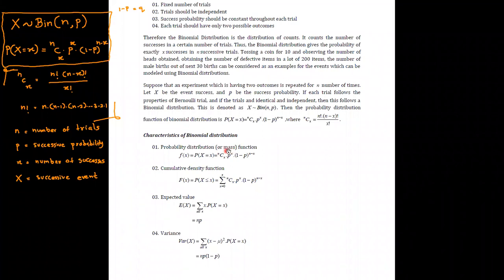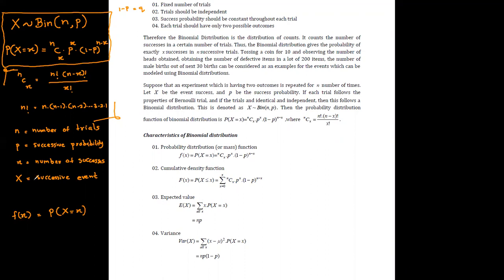We define the probability mass function using lowercase f of x, which stands for the probability that our random variable X has the value lowercase x, the number of successes.